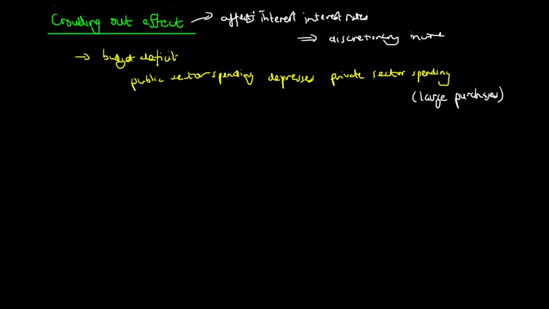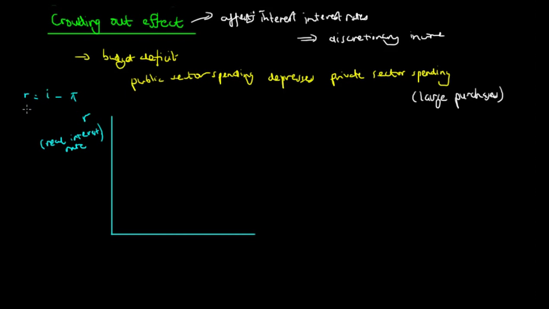So we're going to look at this in terms of our supply and demand analysis yet again. We have supply and demand. On the y-axis we have price, but instead of price, we're going to look at R, or the real interest rate, which is the nominal interest rate minus inflation.